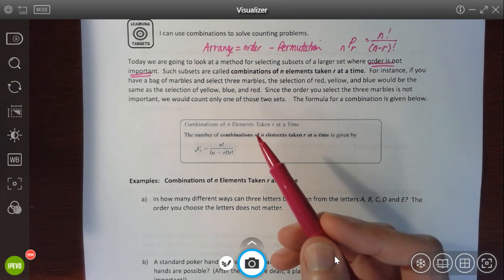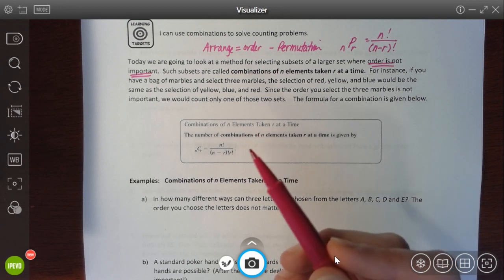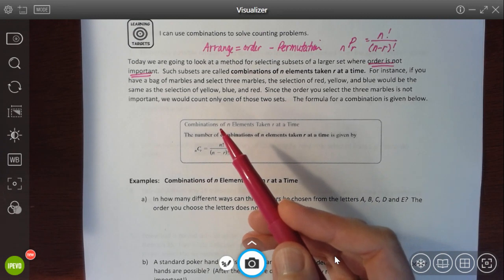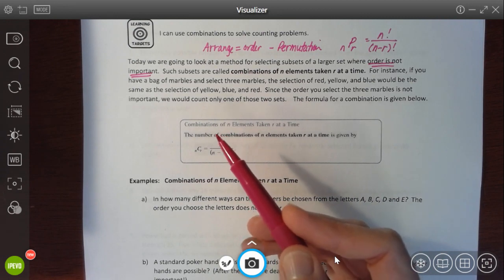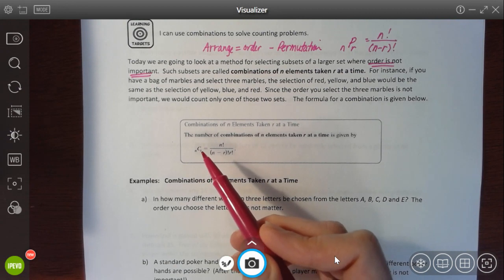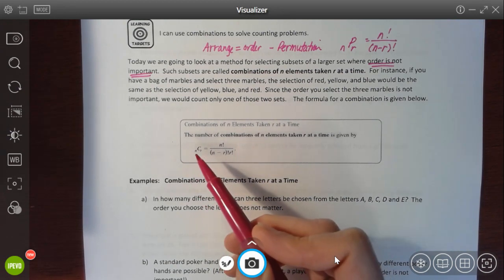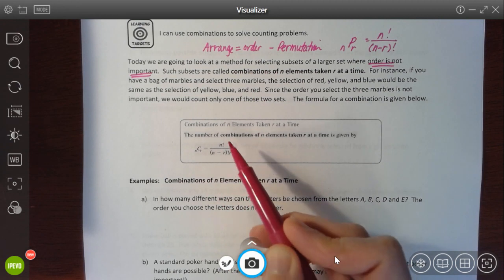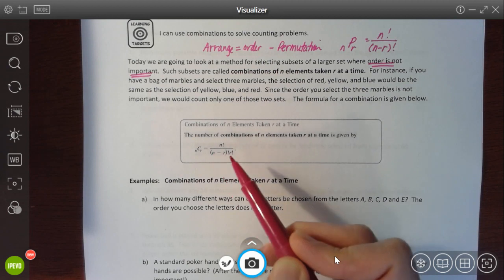So when we're looking for an arrangement where order does not matter, we're looking at a combination. And it's going to have a very similar look to it. We're going to use the letter C to represent combination of n elements taken r at a time. And you're going to notice the formula starts out looking exactly the same as our permutation formula.